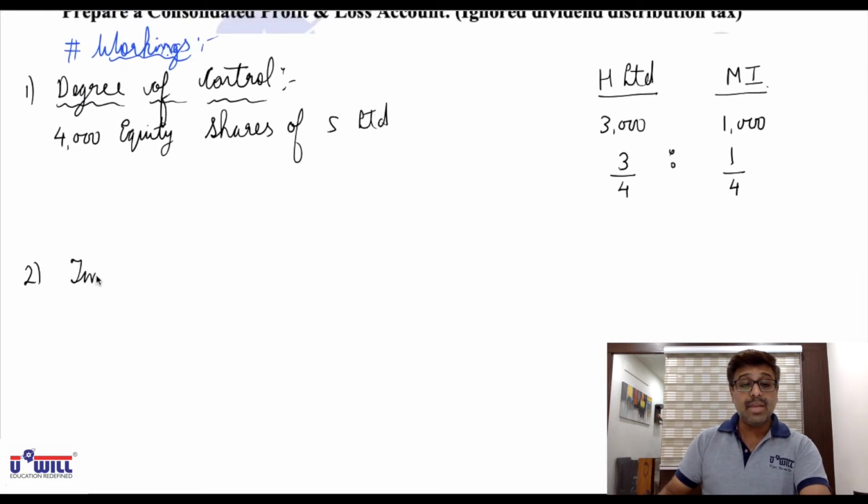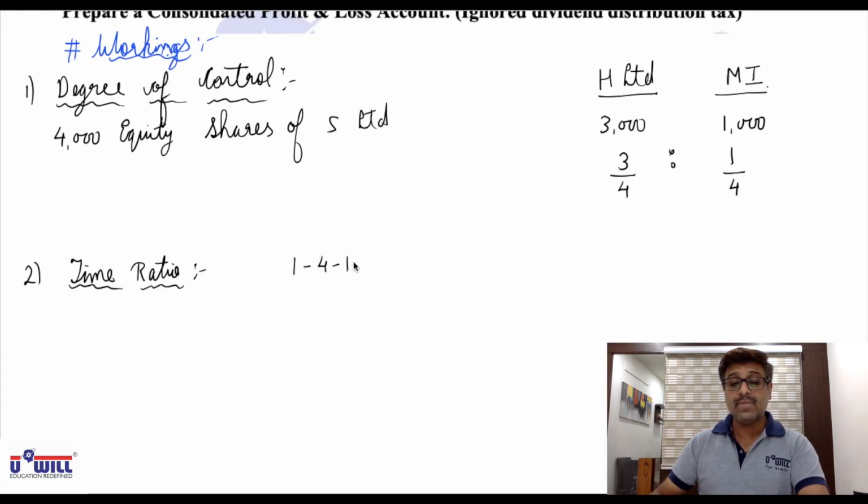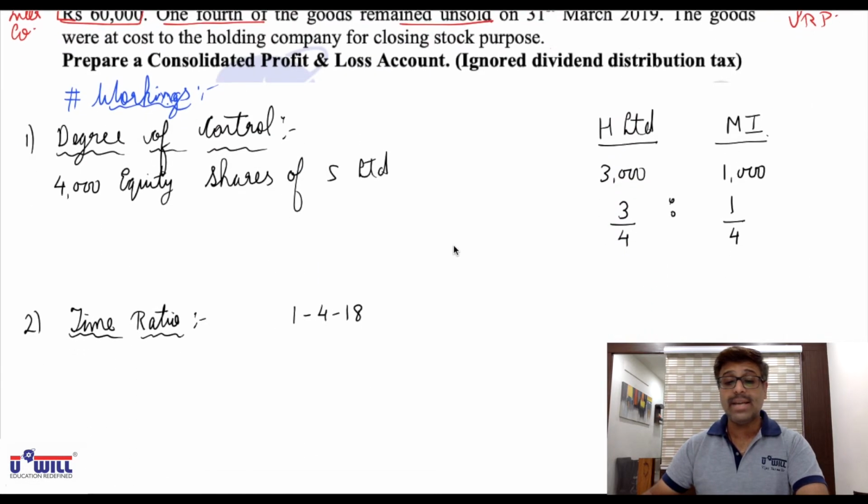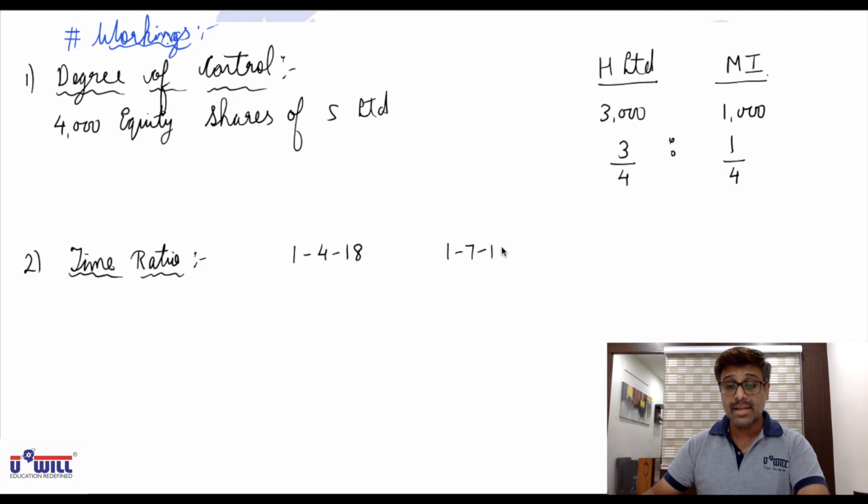Second working will be of time ratio. Now date of beginning of year is 1/4/18. Date of acquisition of shares in second adjustment is 1/7/18. And date of year ending is 31/3/19.